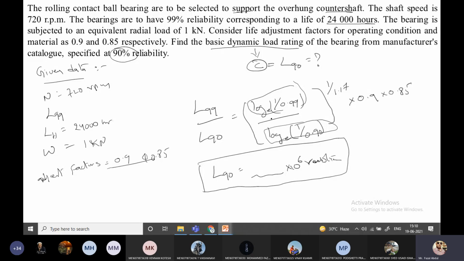Do it first, Babu. In the GATE examination also, 2 marks questions of such type are given. What is the life of the bearing for 90% reliability, how much? Up to here, if you calculate this value, simply you will get the 2 marks in a GATE examination. Okay.